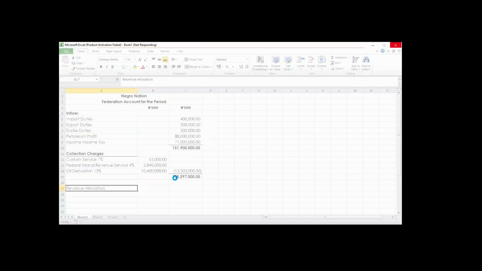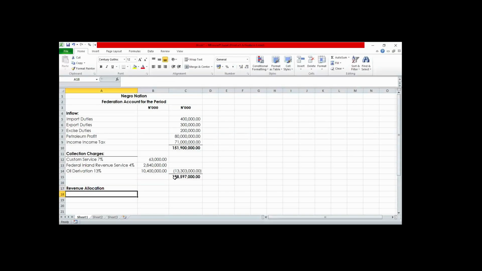Now, looking at it from the allocation, what do we have there?